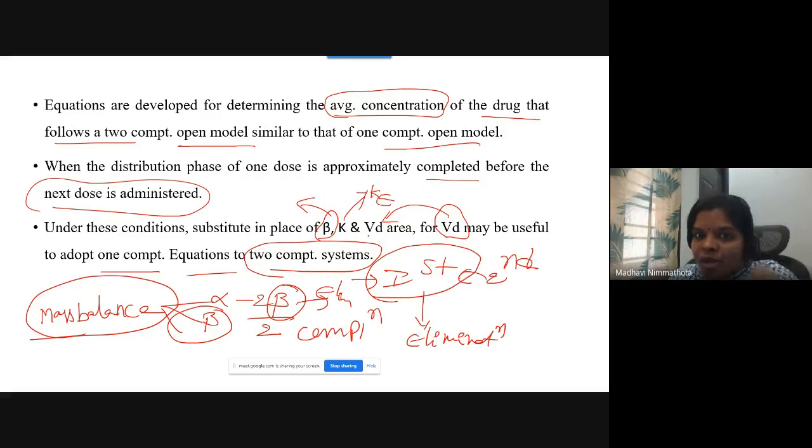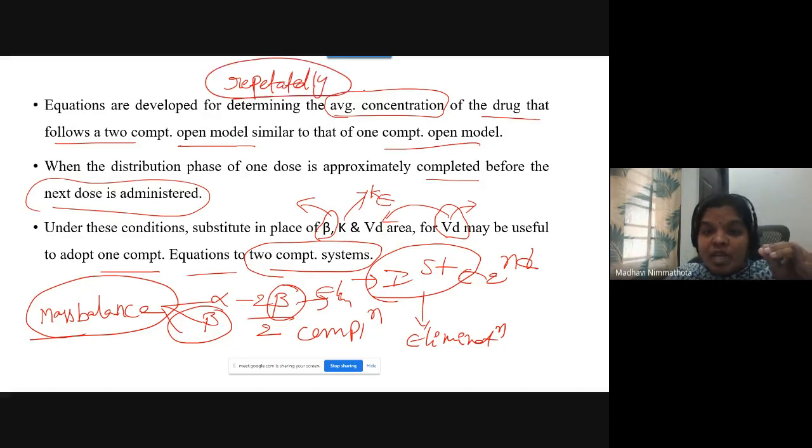And in the normal two compartmental open model, we can take the volume of distribution. But here we are considering the volume of distribution area. Why? Because here we are administering our dosage form repeatedly.